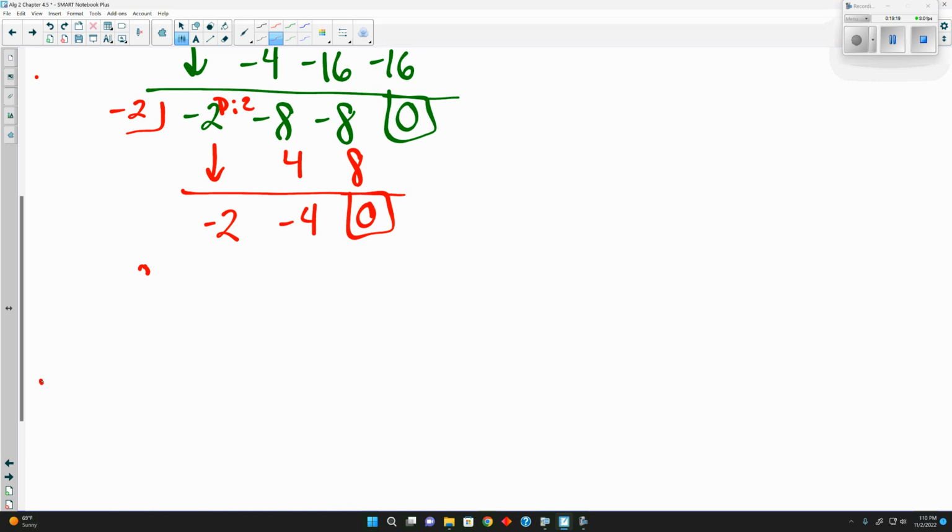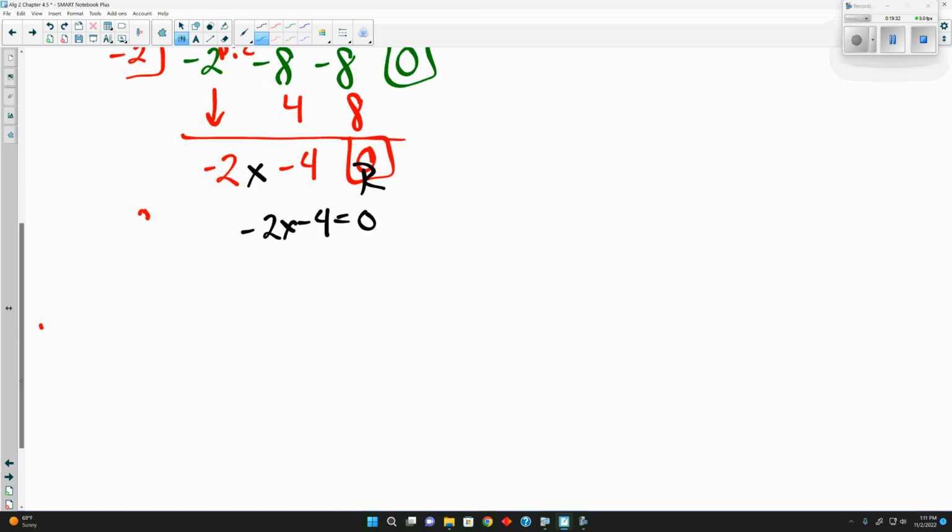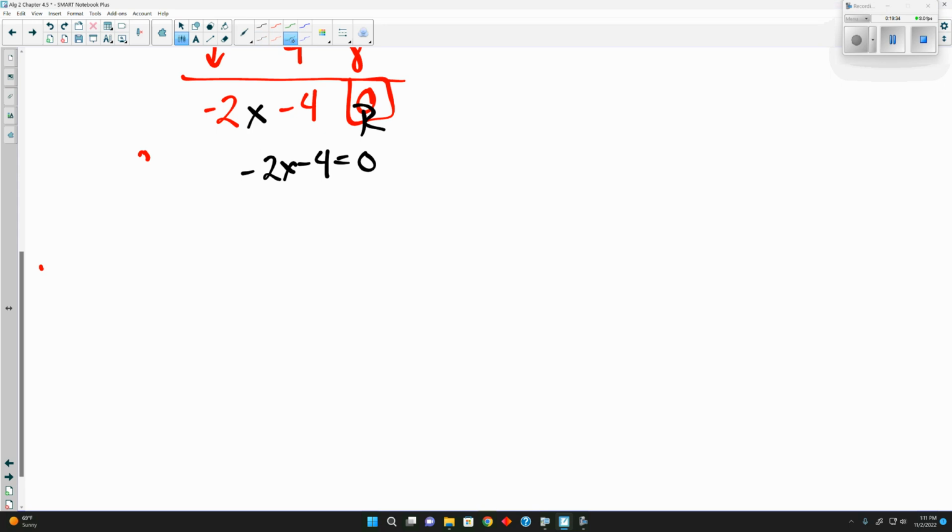We could do the synthetic division again. But at this point, if I put the variables back in, we have negative 2x minus 4 is equal to 0. Those are kind of nice to work because we add 4 to both sides, which tells us that negative 2x is equal to 4.